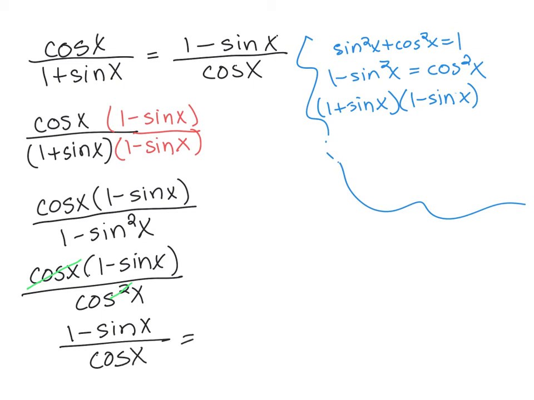And that's exactly what I was looking for. So the process of multiplying by the conjugate comes in handy. Seeing that these things can be factored in the first place sometimes will help you cancel things out and change the form so you can verify the identity.